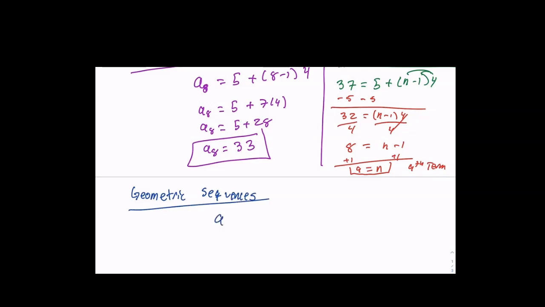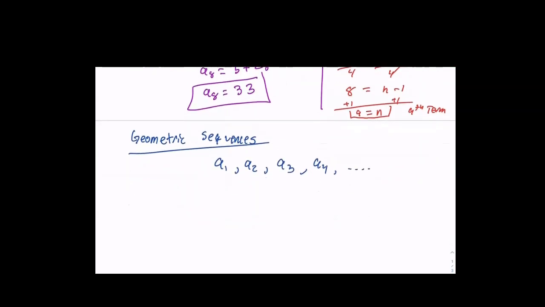And much like it, we have a1, a2, a3, a4, dot, dot, dot, dot. And instead of subtracting the terms, if we take any term and we divide it by its previous term, we get some value r. So a3 over a2, r, a4 over a3.